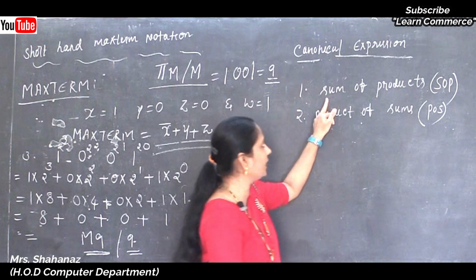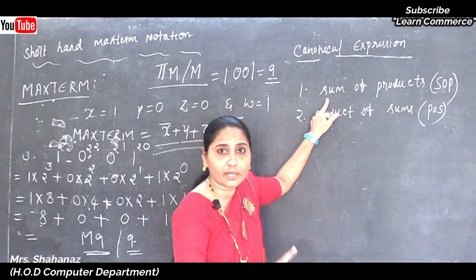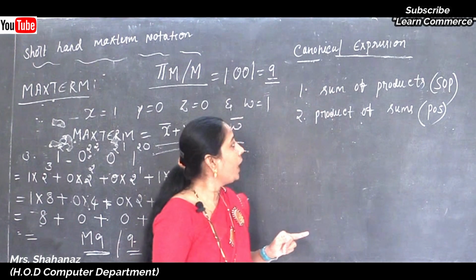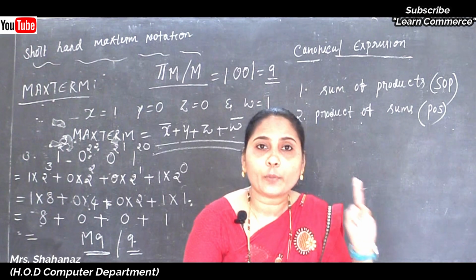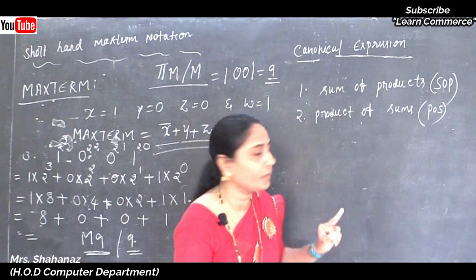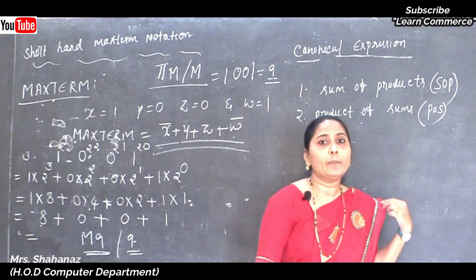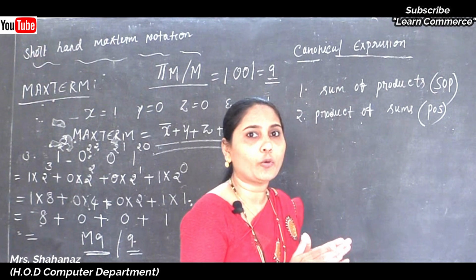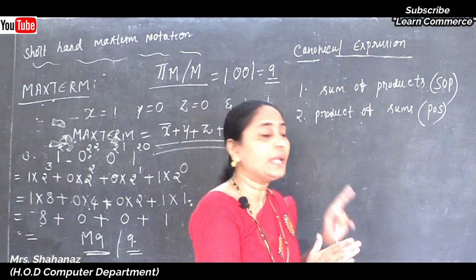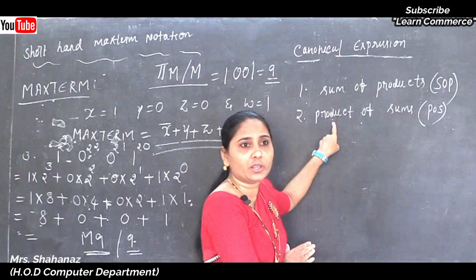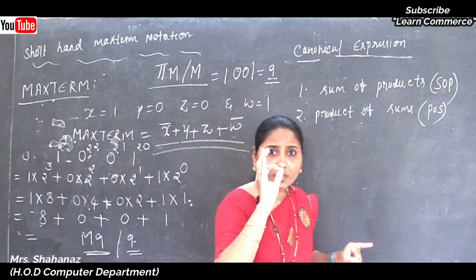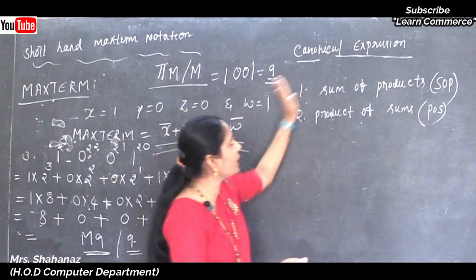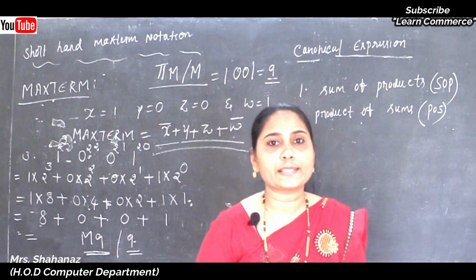The later one is the product of sums, short form POS, which is equal to the Maxterm. So in our canonical expression, if you represent only Minterms, it is called SOP, and only Maxterms, it is called POS here. So this is an explanation about our canonical expression.